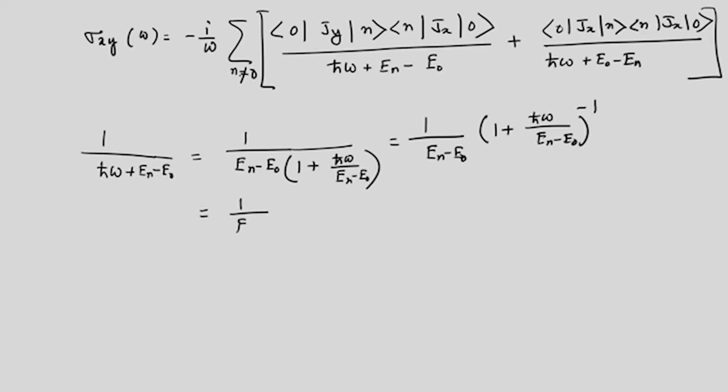So, this is 1 by E_n minus E_0 plus, so this is equal to minus ħω divided by E_n minus E_0 whole square. So, I do a binomial expansion and the minus sign gets replaced here, okay, and then of course, these are terms which are ω square that are neglected.